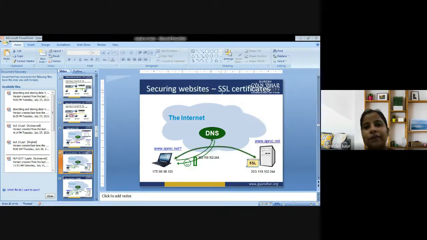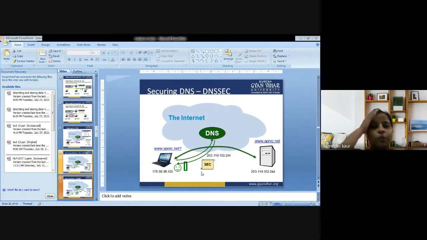Securing websites: Secure Socket Layer certificate. A certificate is provided for the same. Next, DNS security. So how we are supposed to provide security with the help of the security measures that are being provided here.